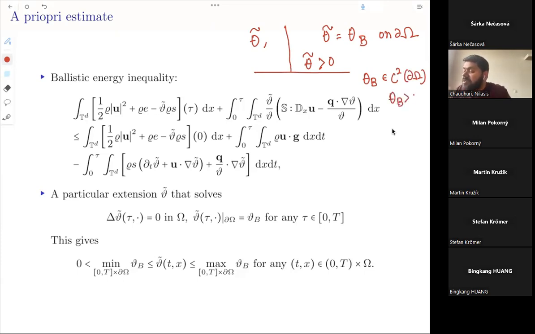And theta b is strictly positive. So these are the only two assumptions that we have. So we consider this particular extension theta tilde, which is a kind of harmonic extension. Inside, the Laplacian of theta tilde is 0, and theta tilde takes the value theta b on the boundary. So the maximum principle asserts that theta tilde over the whole domain is strictly positive.